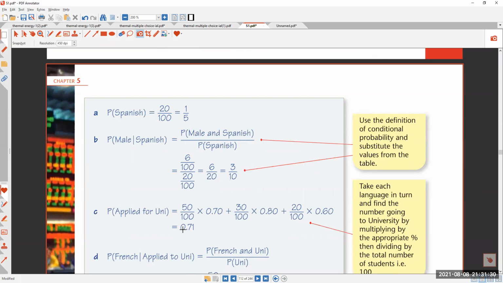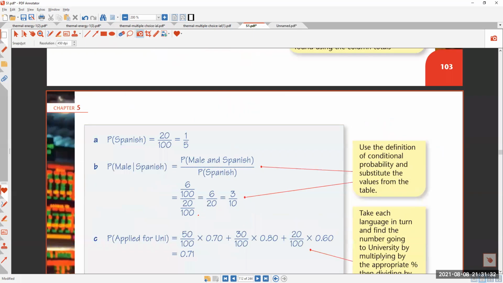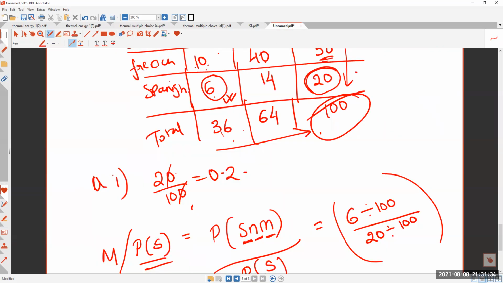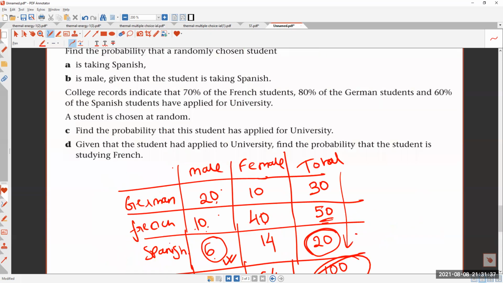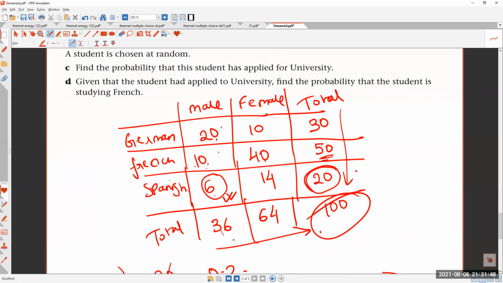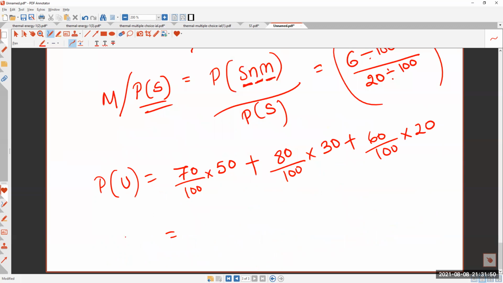Okay, so 0.71 probability. Now they are saying, given that the student has applied to university, what is the probability that the student is studying French? No problem, very easy. It should be French intersection university divided by applied for university.